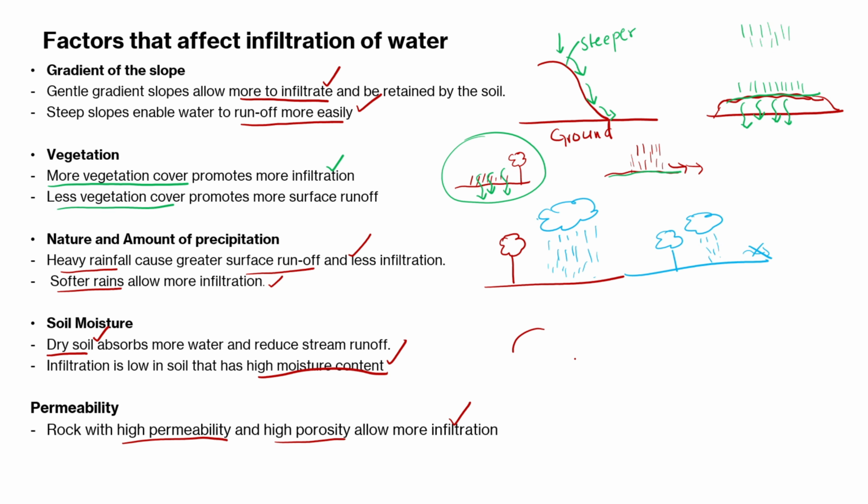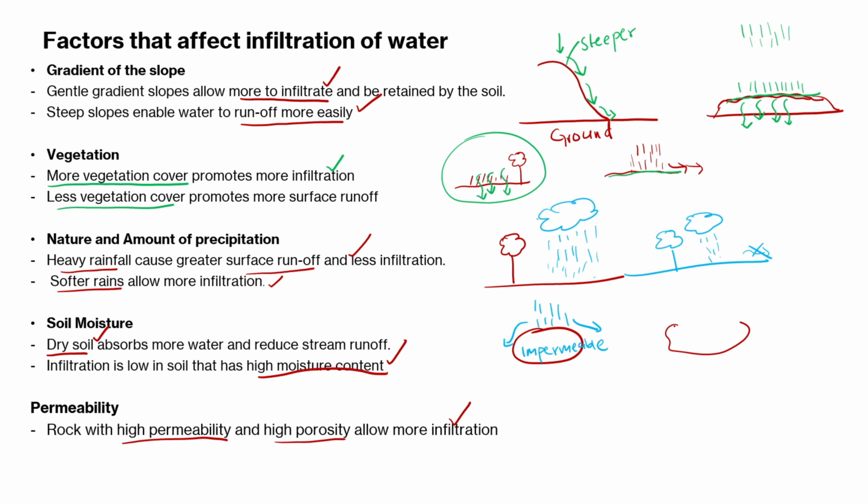So basically, if you have got a rock that is impermeable, or a rock that does not allow water to pass through, when it rains, the water will just run off, because the rock is not able to let water pass.